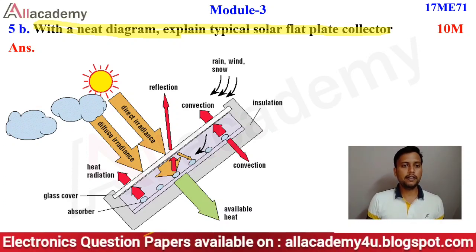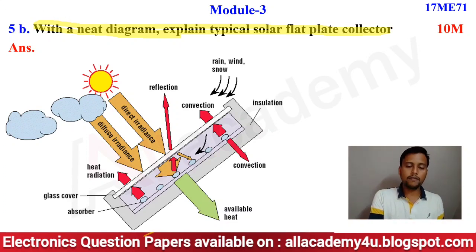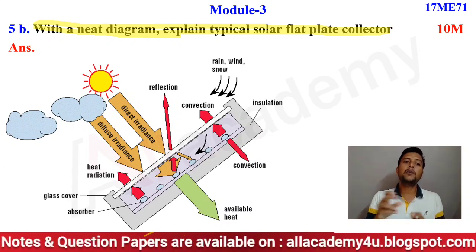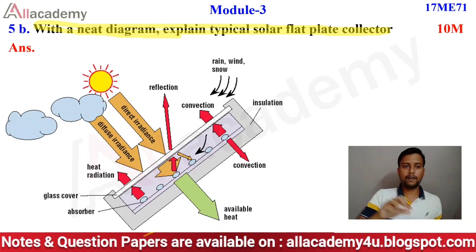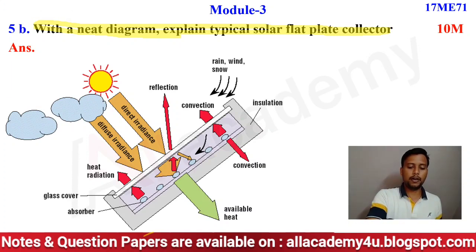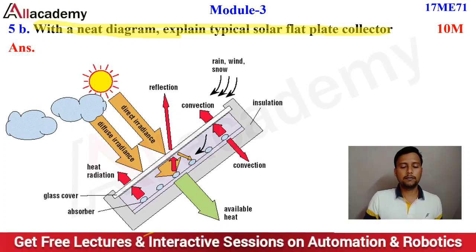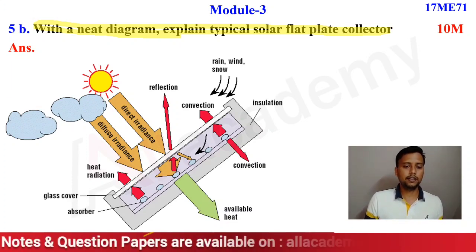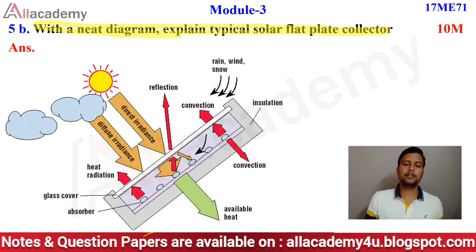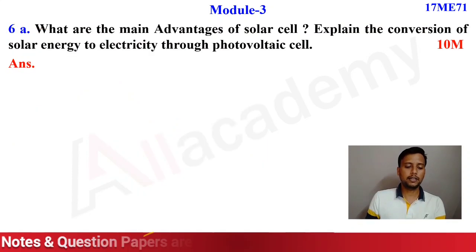And some students, along with this one, have drawn the solar water heater by connecting the flat tube, and they have explained some solar water heating application. Even for that you may expect full marks. So those who have drawn this diagram, you may expect full marks for the solar flat plate collector.